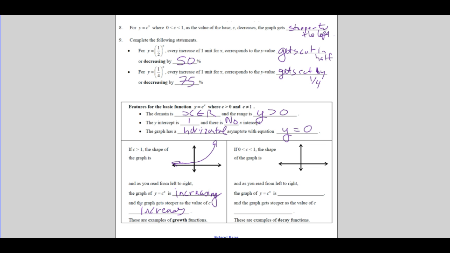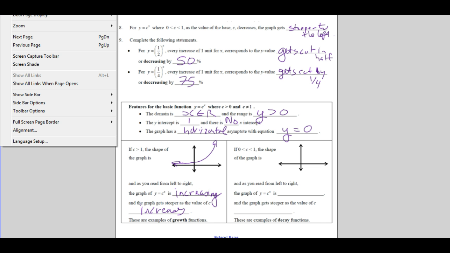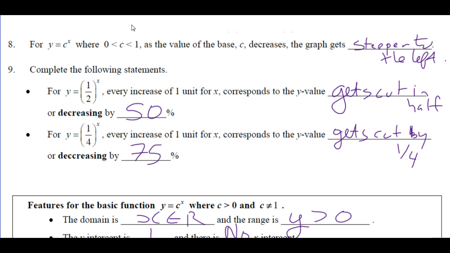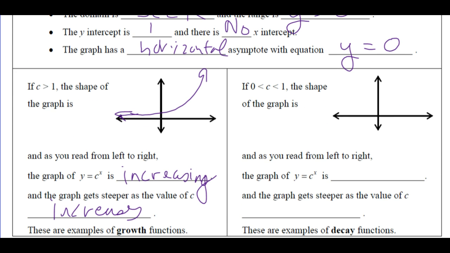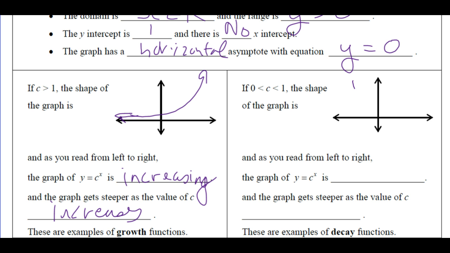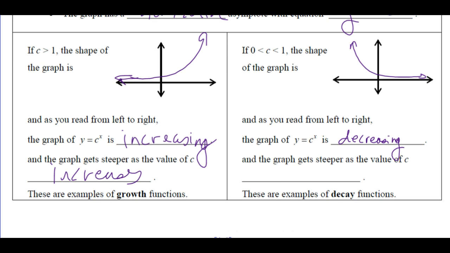Here, I can probably make this bigger. If c is between 0 and 1, the shape is doing this. As you read from left to right, the graph is decreasing. And the graph gets steeper as the value of c decreases.